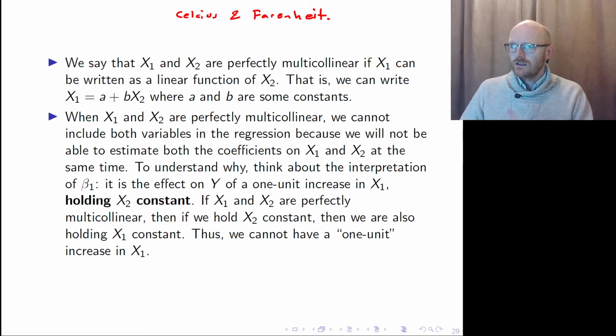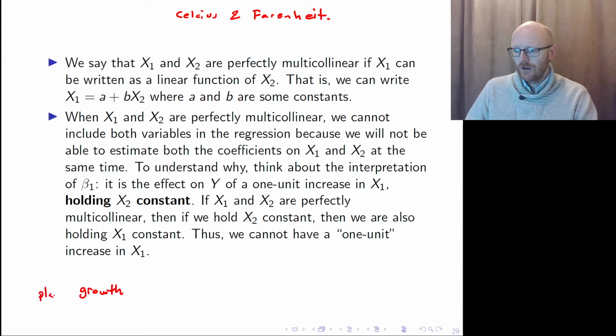So when x1 and x2 are perfectly multicollinear, we can't include both variables. One way to think about it is with the slope, for example, when we are looking at plant growth.